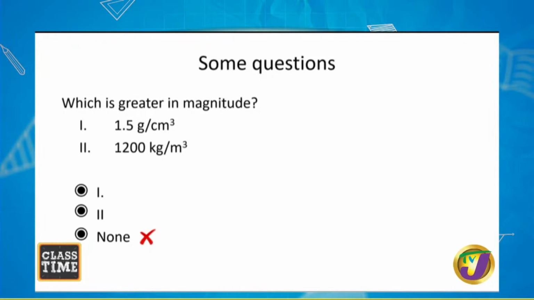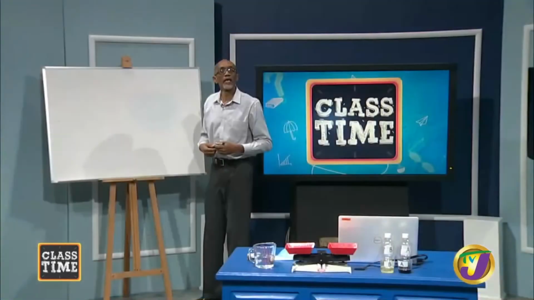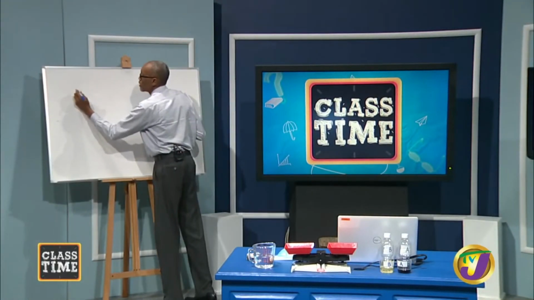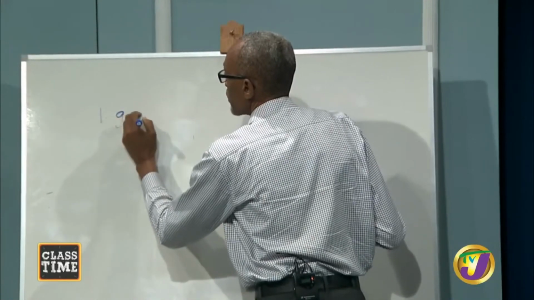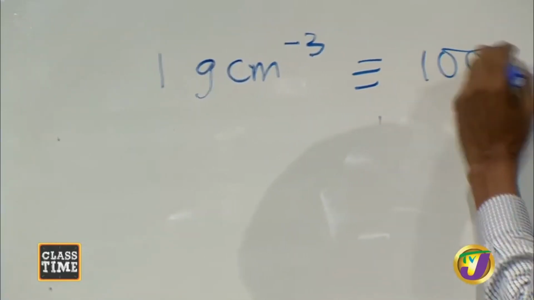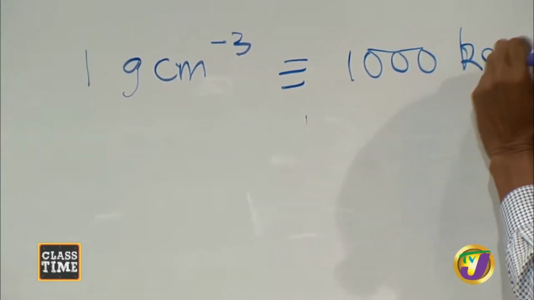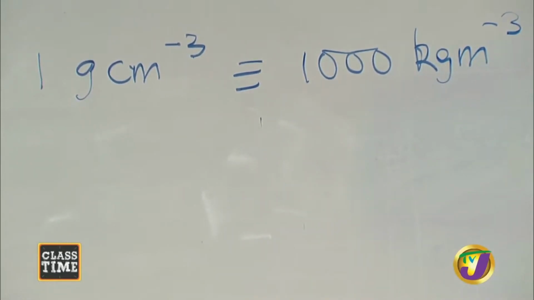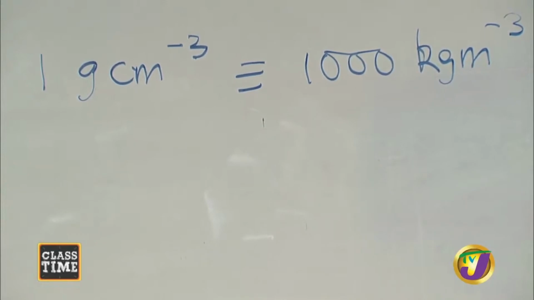Remember we said that 1 gram per cm cube is equivalent to 1,000 kilogram per meter cube. So let's convert 1.5 gram per cm cube to kilogram per meter cube.